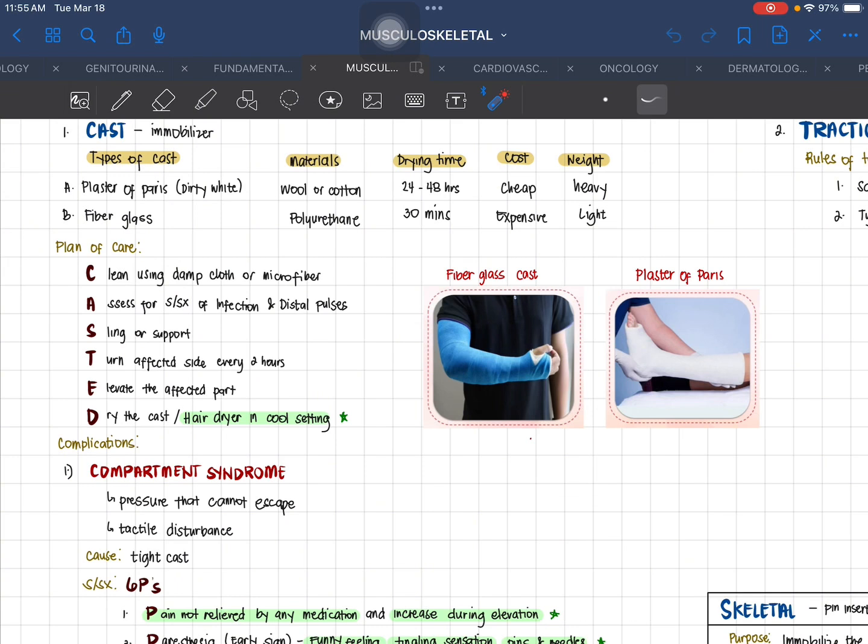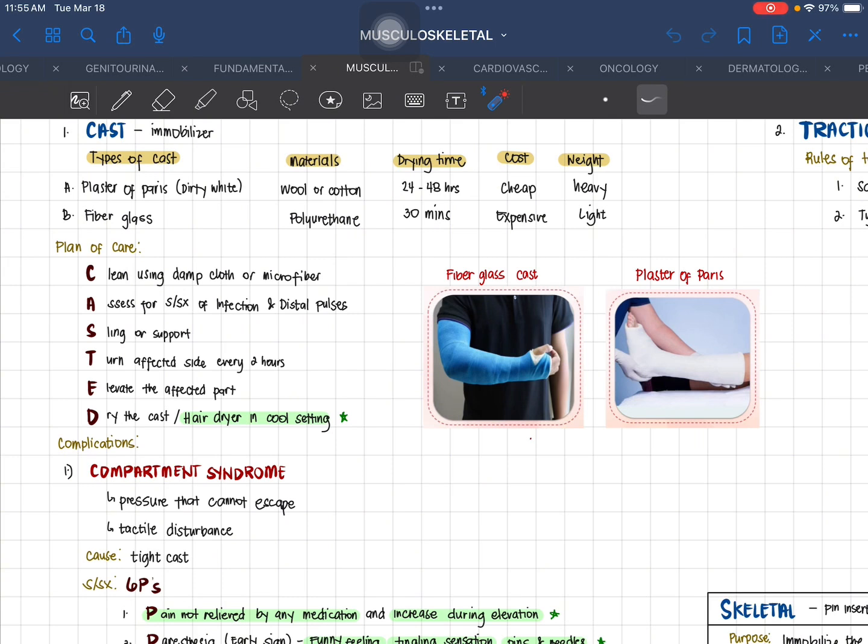So, again, we should clean the cast using damp cloth or microfiber. And then, assess din natin kung may infection ba. And also, i-assess natin yung distal pulse para ma-check natin kung may circulation ba. Baka mamaya may compartment syndrome na. So, S is to sling or support.